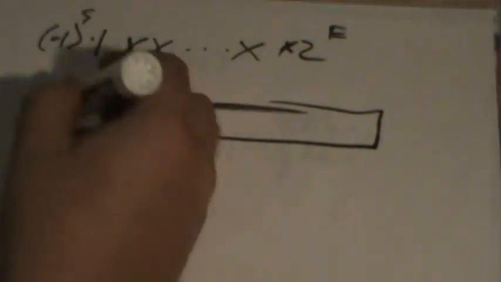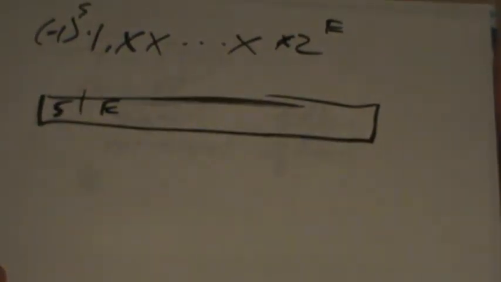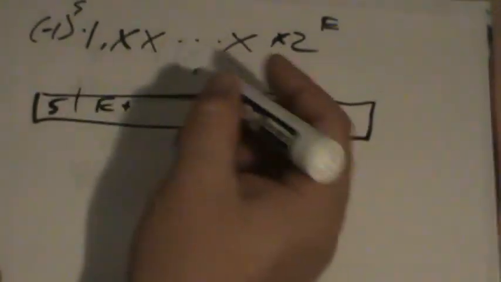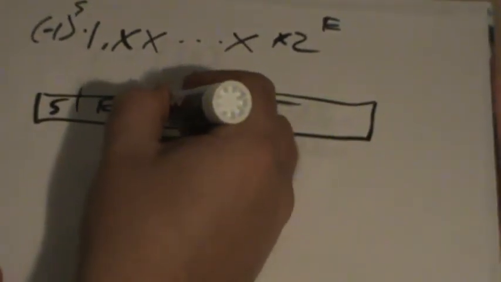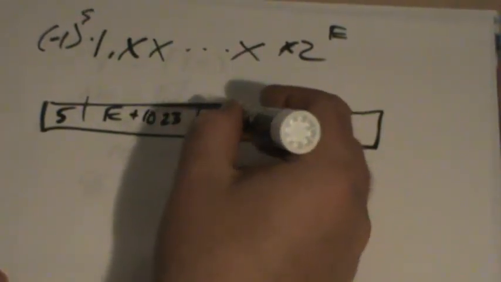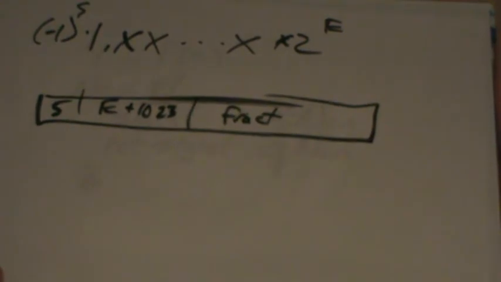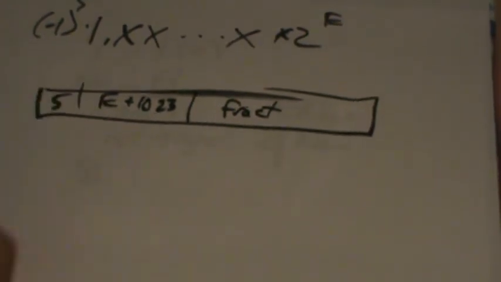You store your sign bit, and then you store your exponent in what's called an excess code, where you add in, for double precision, 1023, and then you have the fractional part of the significand that gets stored there. So this is the order that it gets stored in.